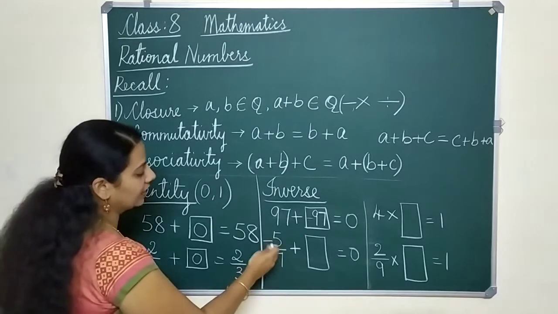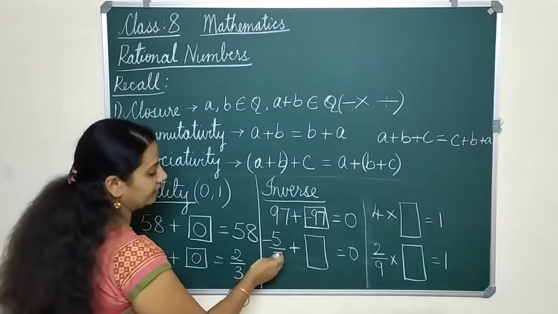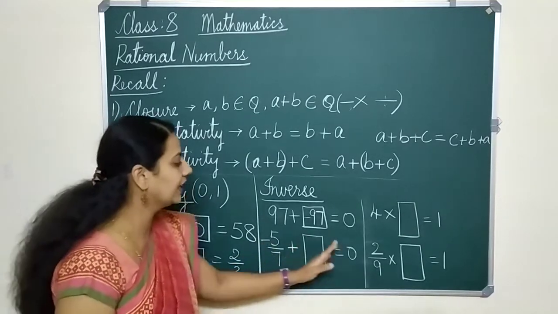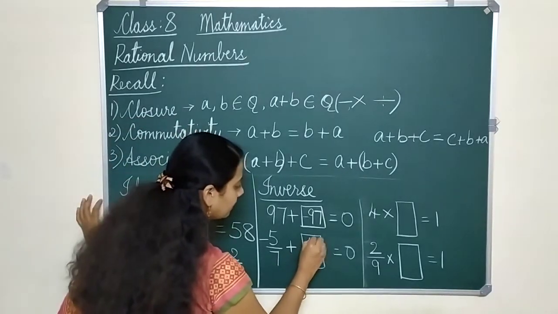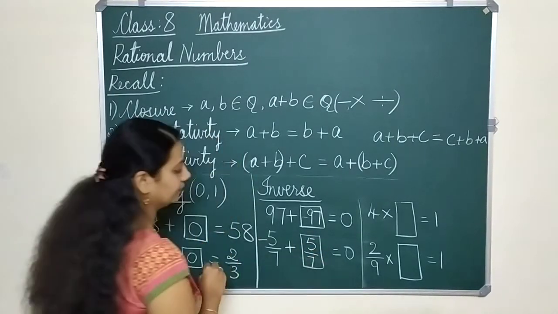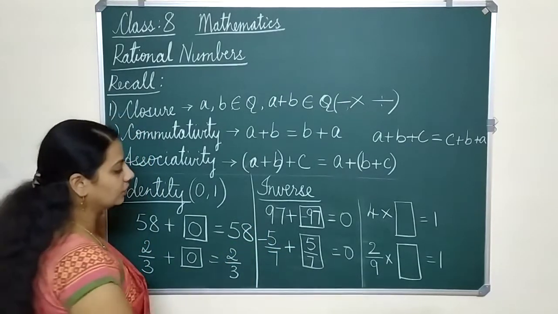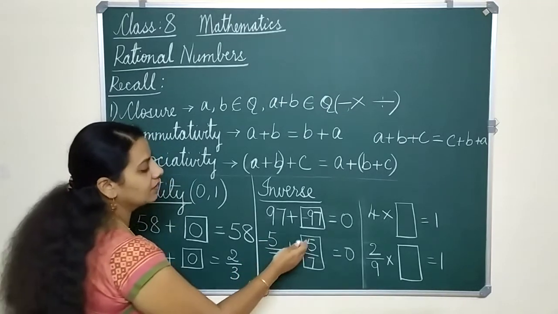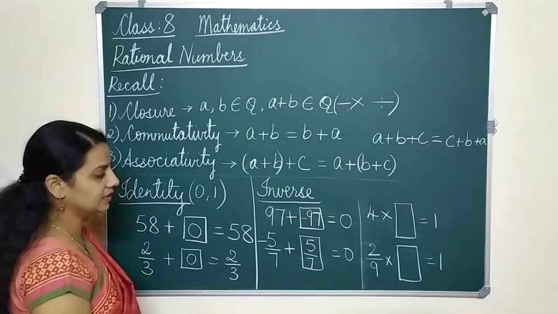The same way we are considering one rational number, minus 5 by 7. Which number if you add to this will you get the answer as 0? It is just 5 by 7. 5 by 7 and minus 5 by 7 gives you 0. So I can say that 5 by 7 is the additive inverse of minus 5 by 7.